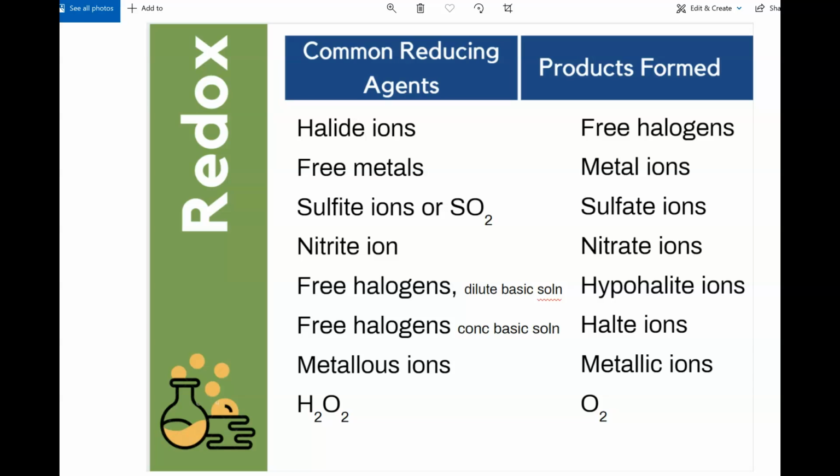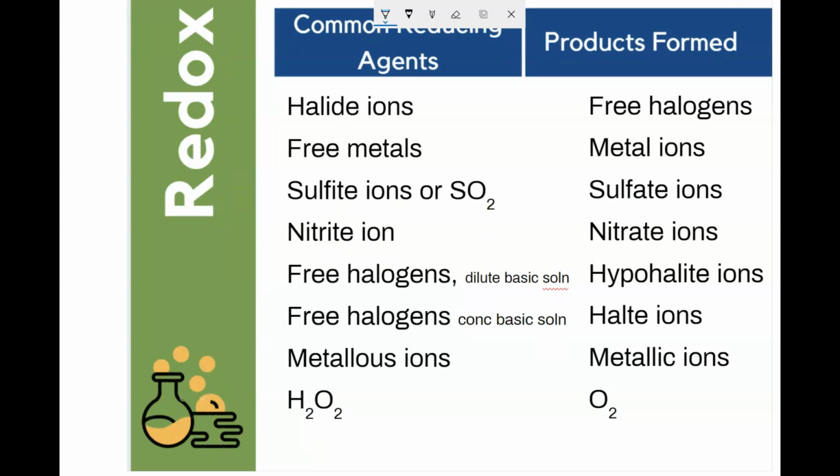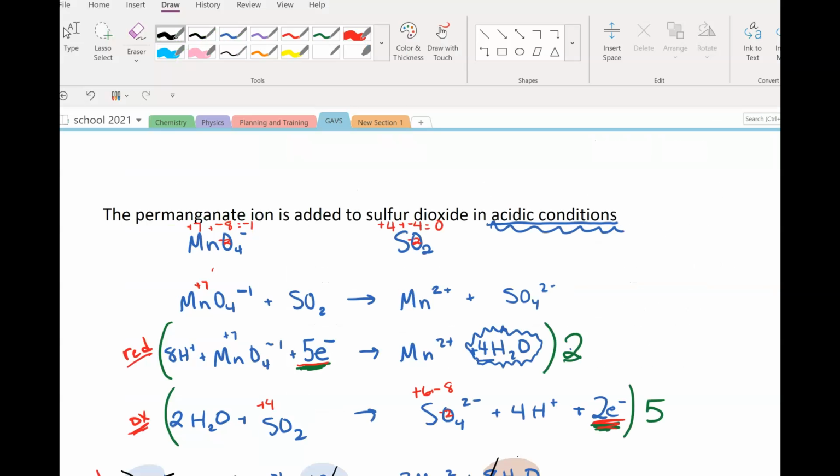On a list of common reducing agents, sulfur dioxide molecules are going to become sulfate ions. So returning to my reaction, my permanganate is going to be in manganese 2 ion form, and my sulfur dioxide will now be in sulfate form.